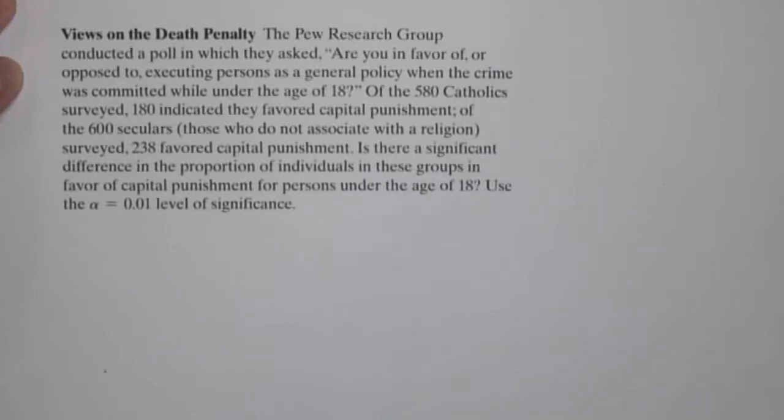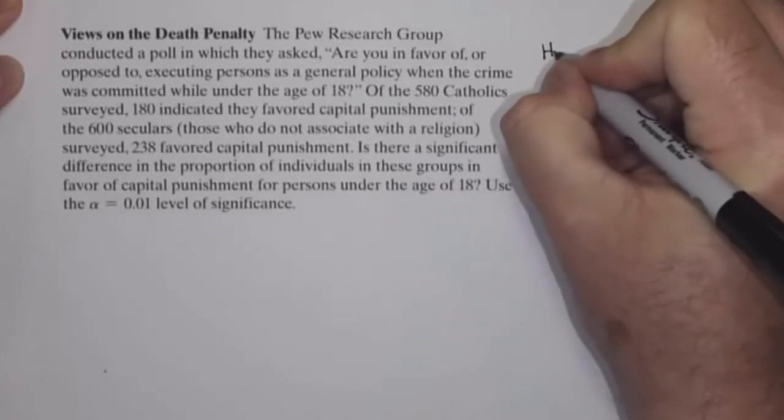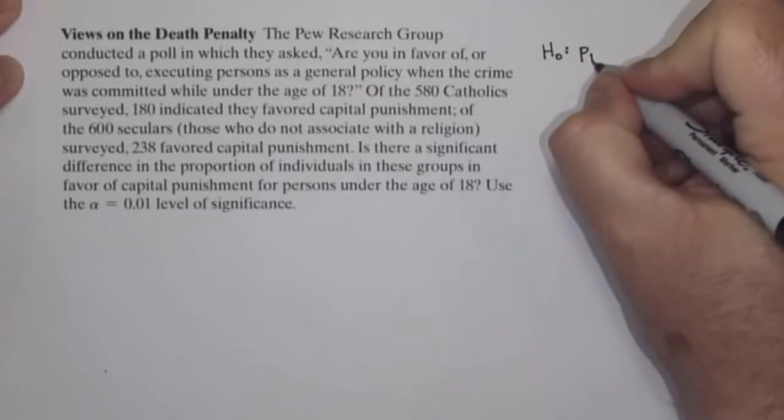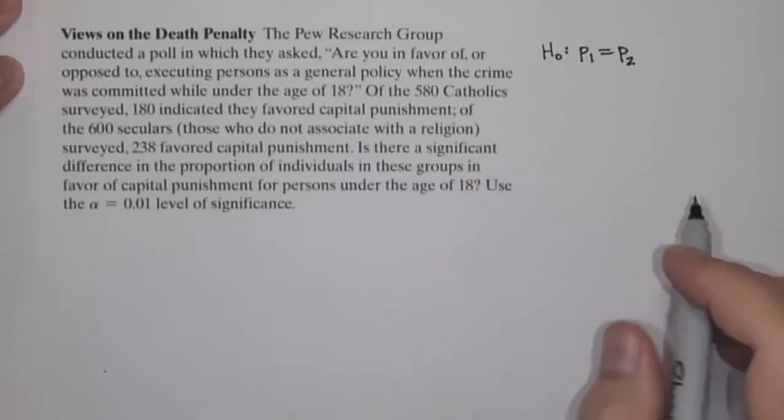So if I let P1 represent the proportion of Catholics and P2 represent the proportion of seculars, then for our null hypothesis we're going to assume that the proportion of Catholics equals the proportion of seculars.